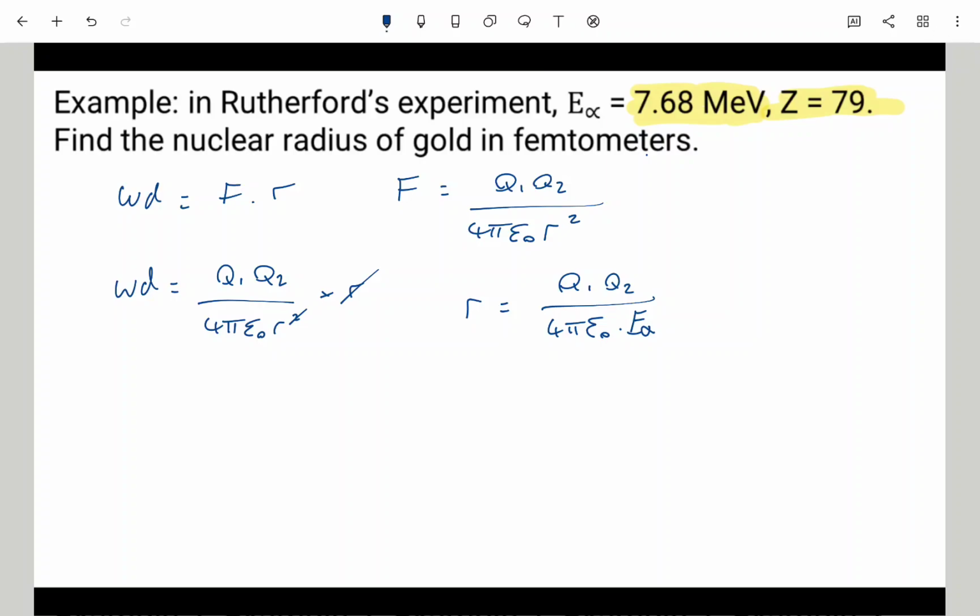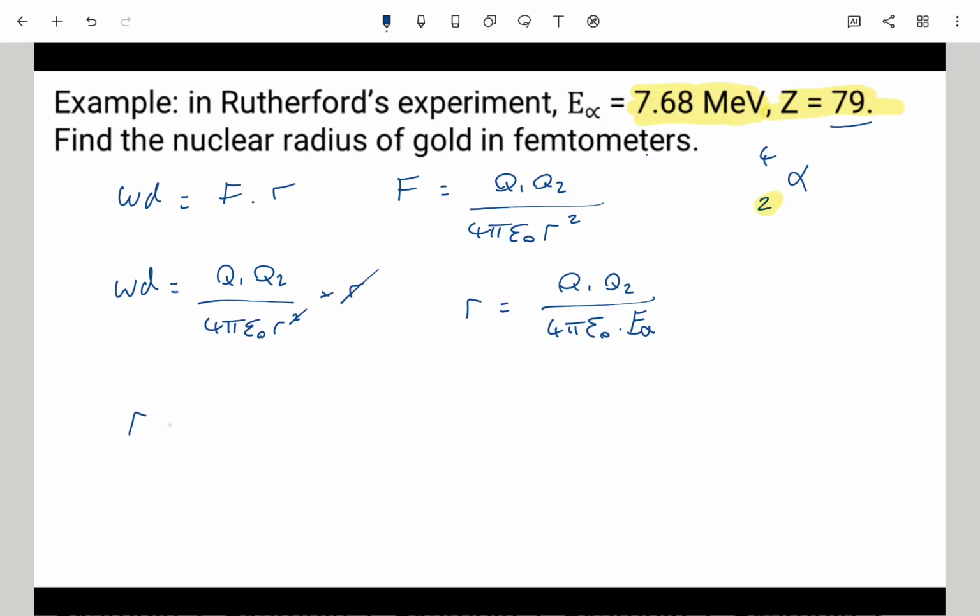Right, so there's still a bit to do. So we've got charge 1, which is the gold nucleus, so that's 79 times the charge of a proton. So what's charge 2? Well, we know that alpha particles are a helium nucleus. So alpha particles have got 2 protons. So let's do that one here.